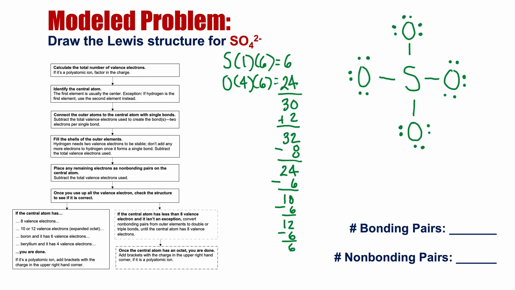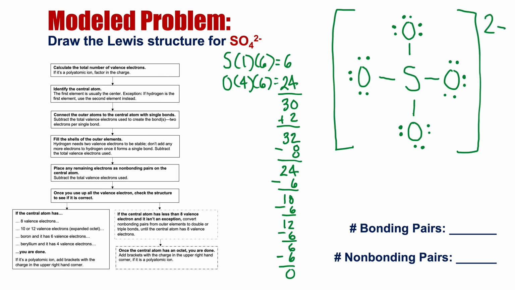So you can see at this point I filled that last one and I reached 0. I have no remaining electrons to place on the central atom, so now I can check that central atom. Sulfur has 2, 4, 6, 8, 8 valence electrons. It's following that octet rule, so this Lewis structure is done.